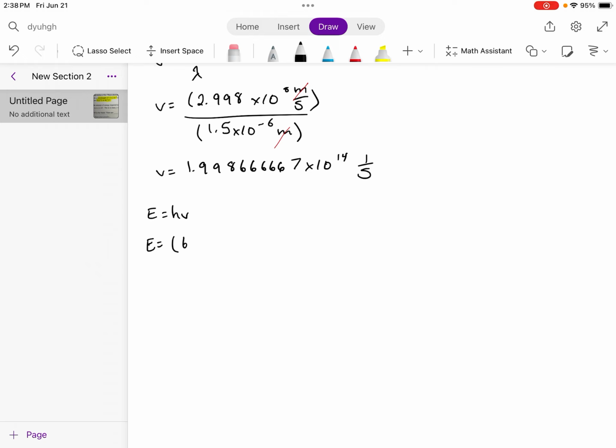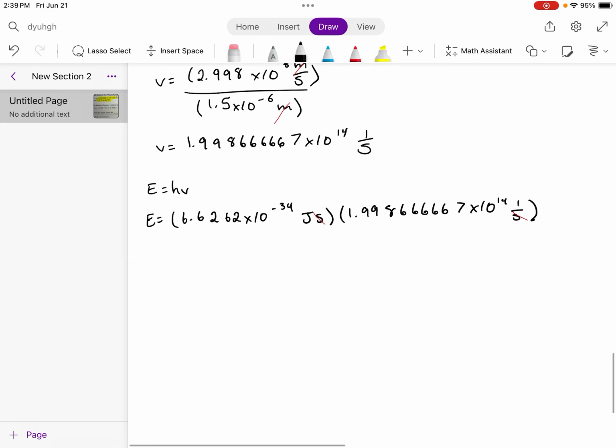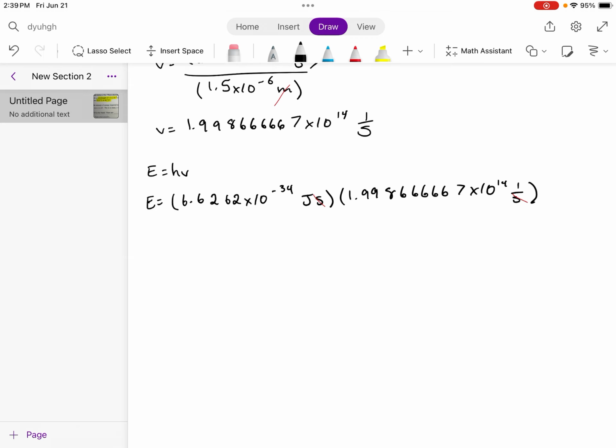And yeah, Planck's constant was given. Look for units, seconds cancel out, and we'll be left with joules, which is a good sign because joules is a unit of energy.